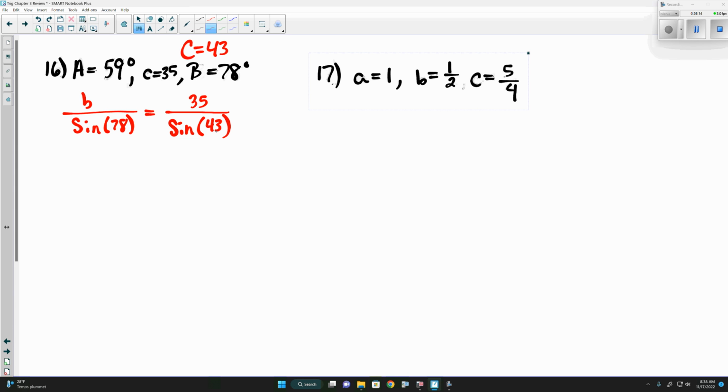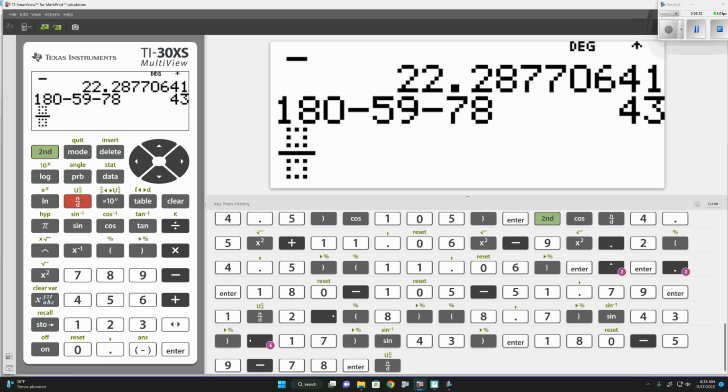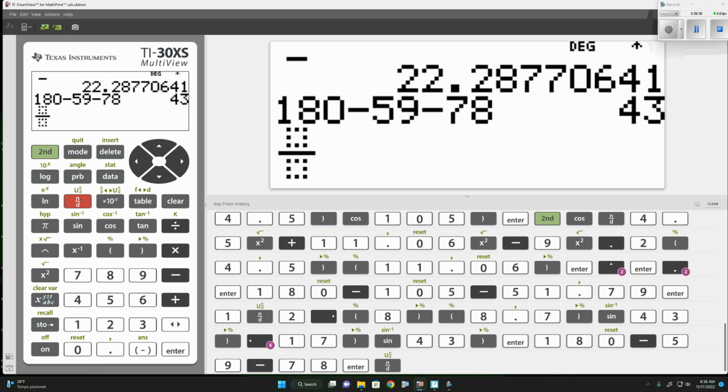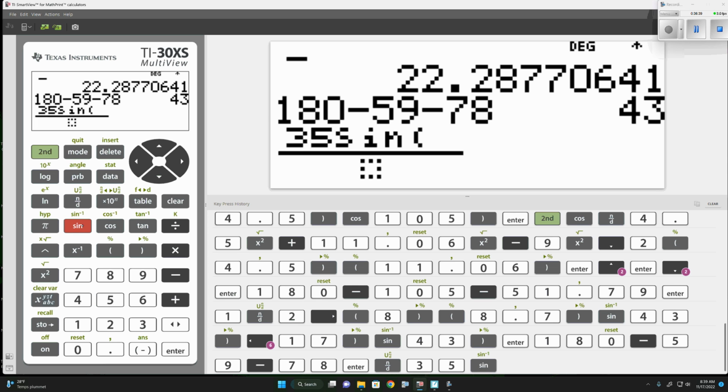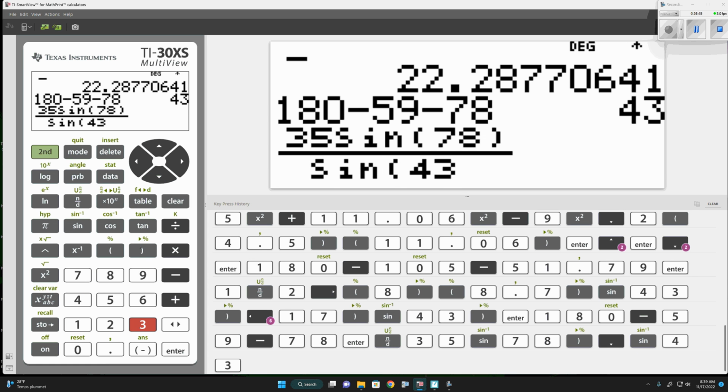At this point, we multiply both sides by sine of 78, telling us side B is 35 sine of 78 over sine of 43.